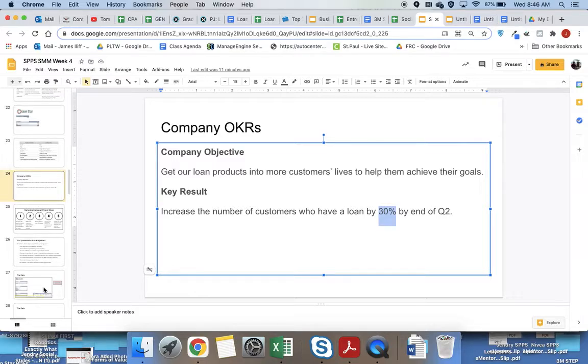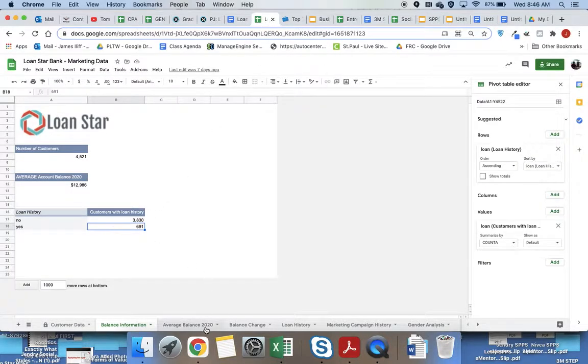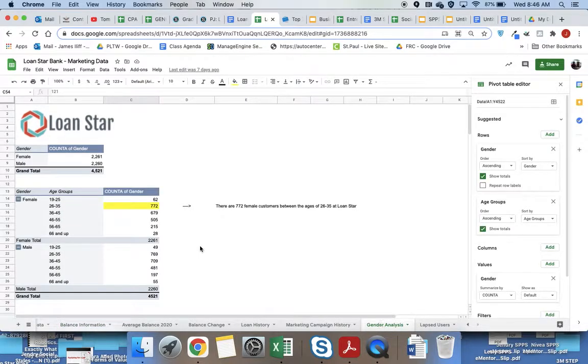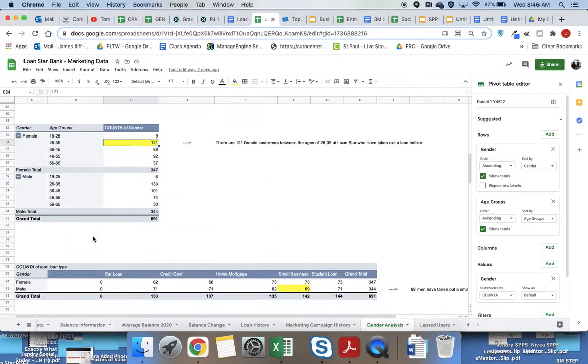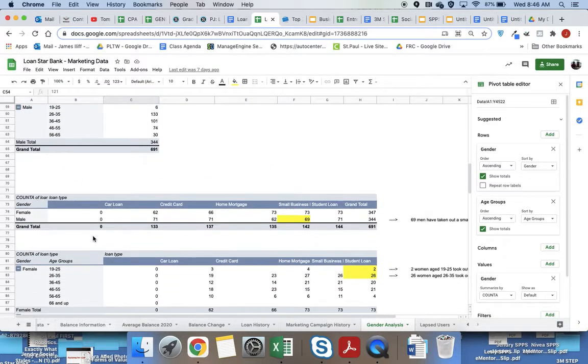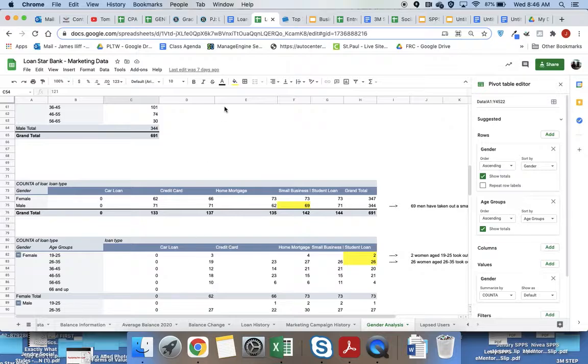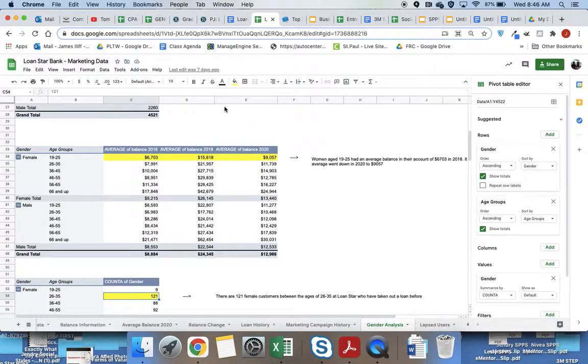And then you're going to want to target some kind of customer segment. And so that's where you come in here and you figure out who you want to target. Is it females who have a certain education level or a loan history, or is it college educated people between the ages of XX?